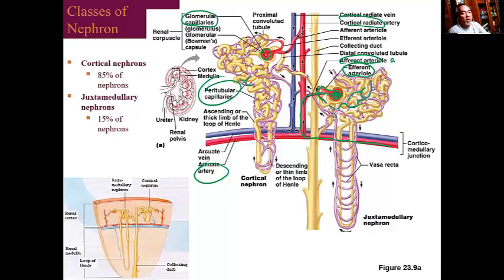But there's also a blood vessel that wraps around the loop of Henle like a ladder. It's similar to a ladder that wraps around the loop of Henle, and that's going to be the vasa recta.